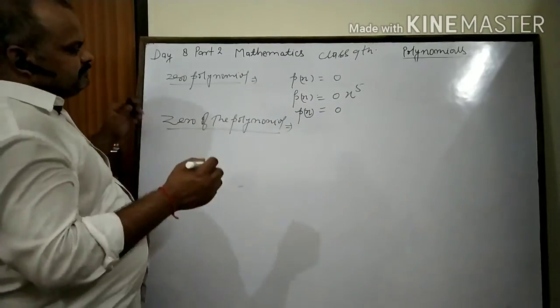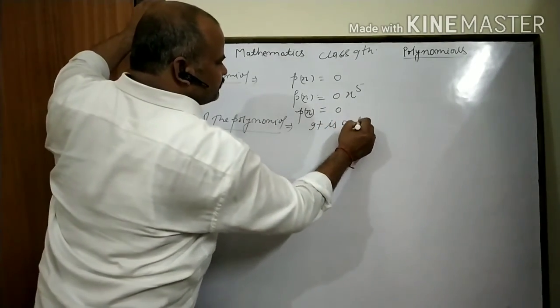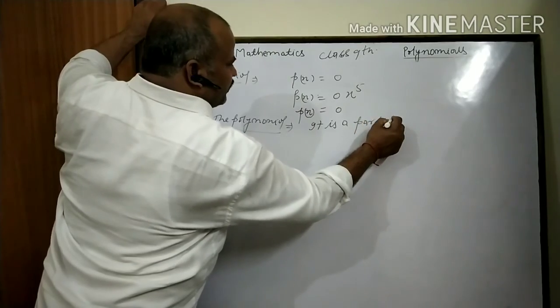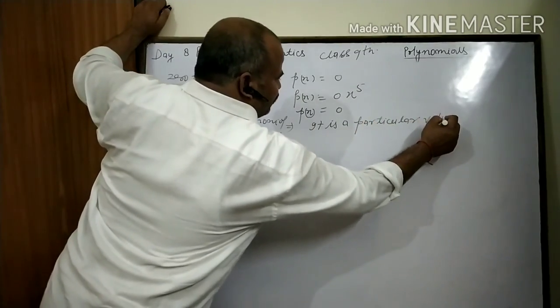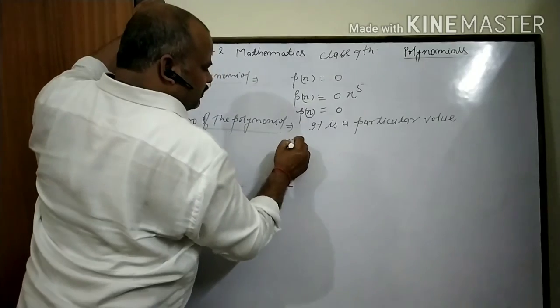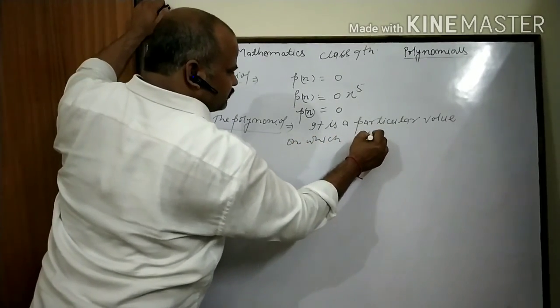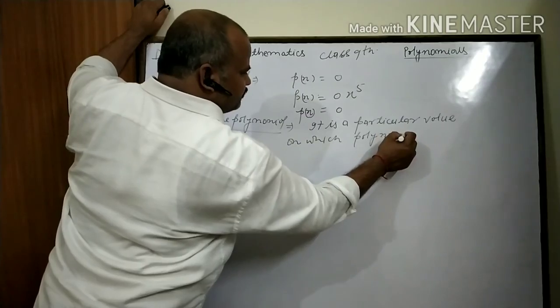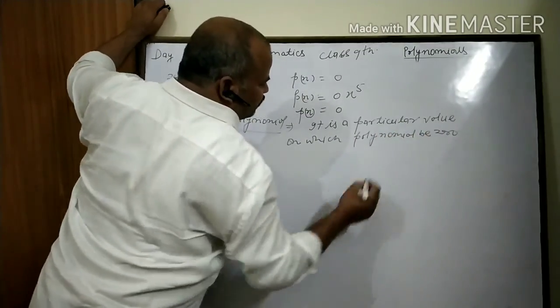Clear? It is a particular value on which the polynomial becomes 0. Clear?